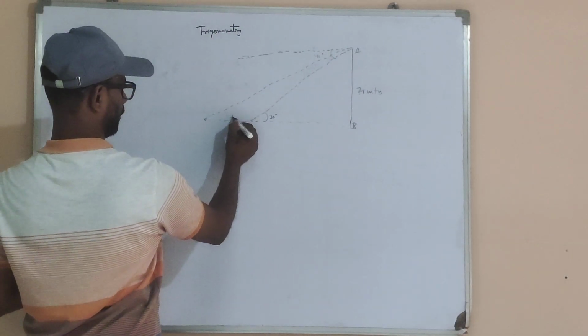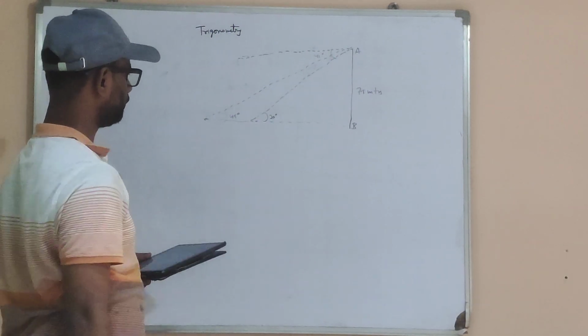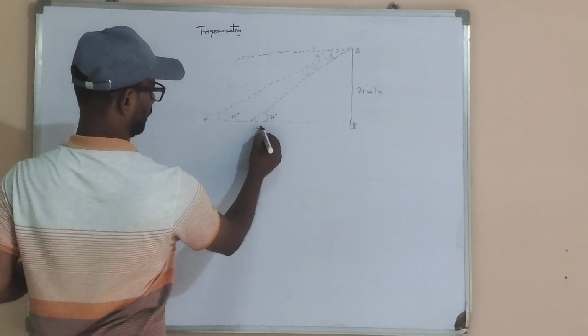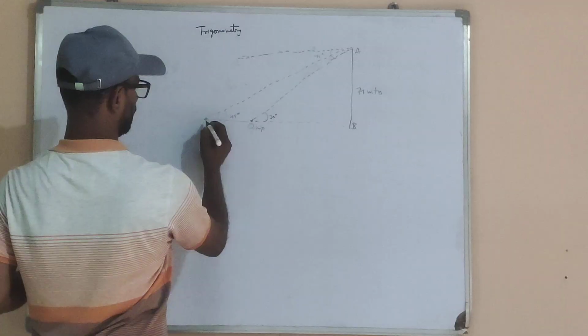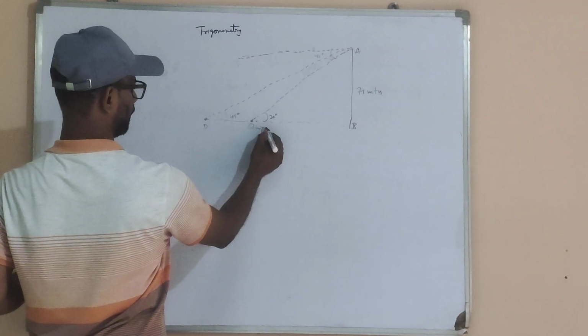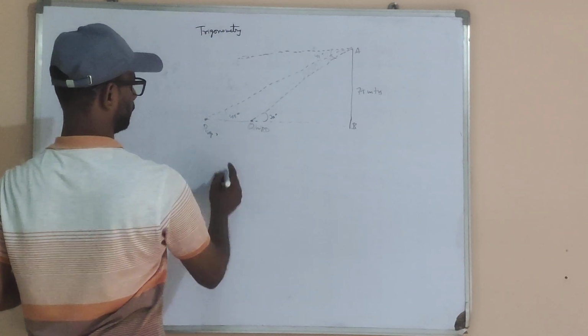Ship 1 is at this point, A, B, this one is point C, point D. This is ship 1, ship 2.